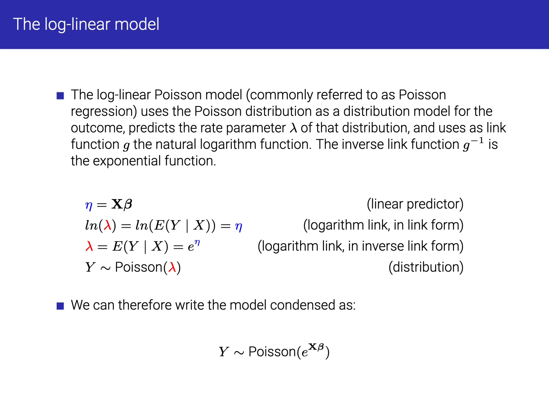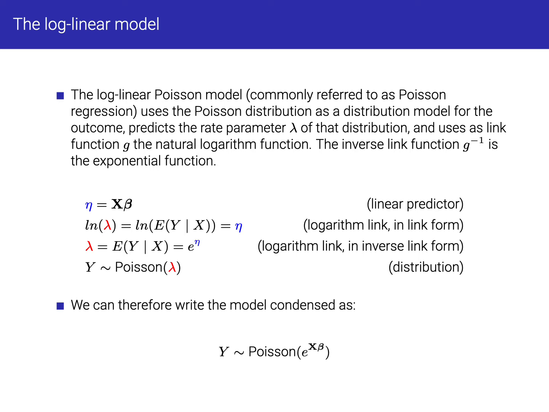So these are really the most central things to know here. The linear predictor doesn't change, but the link function is the logarithm, meaning that the inverse link function is the exponential function. And the distribution we use for the outcome variable is the Poisson distribution.